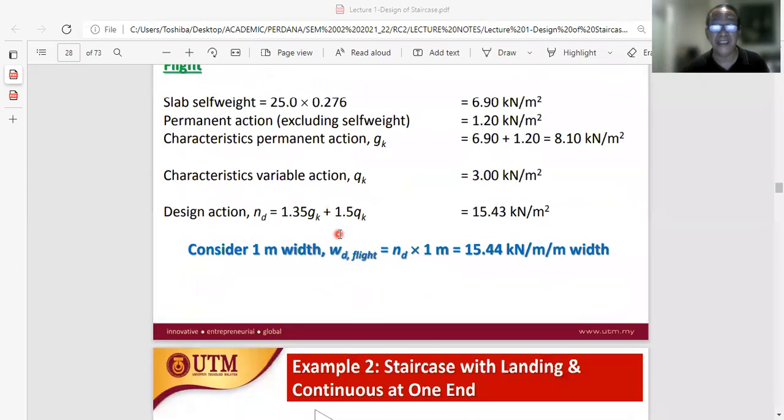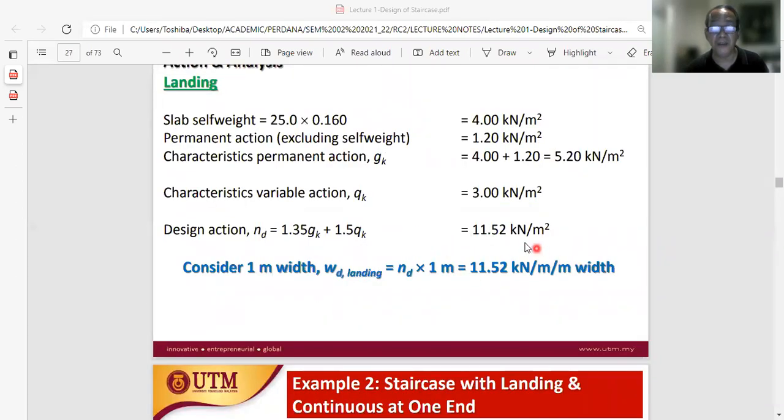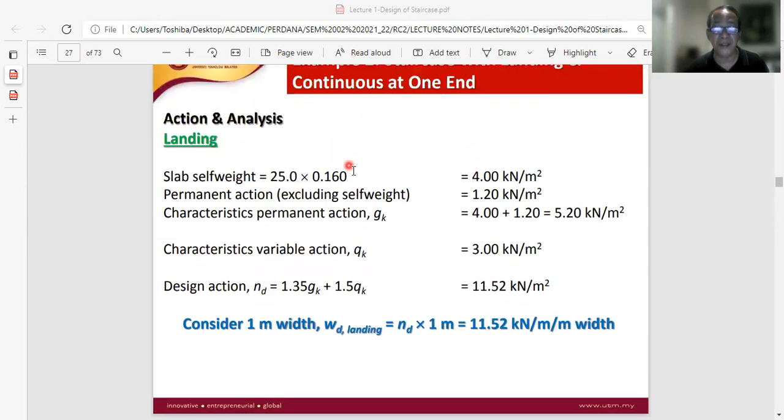And finally, we get the loading, which is the value for the landing, using 160 because we have a landing which is 160 mm thick. This is my landing, okay, something like that. And then I have my beam at this end.